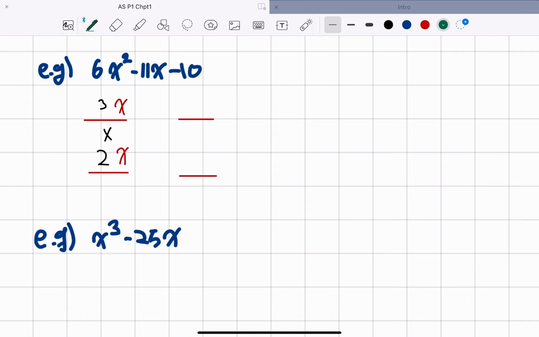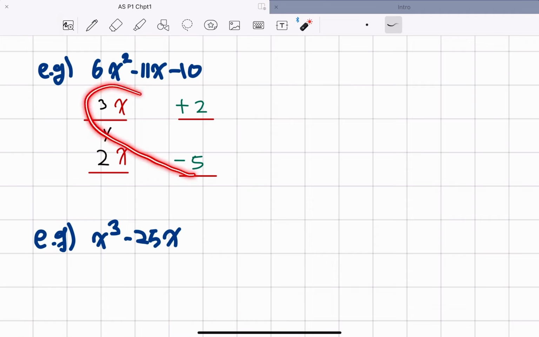So what about 5 and 2, like this. So cross multiply to make minus 11x, so 3x times 5, which is 15, right? And 2 times 2x, which is 4. And if you take a negative sign for this one, then you can basically make minus 11x, right?